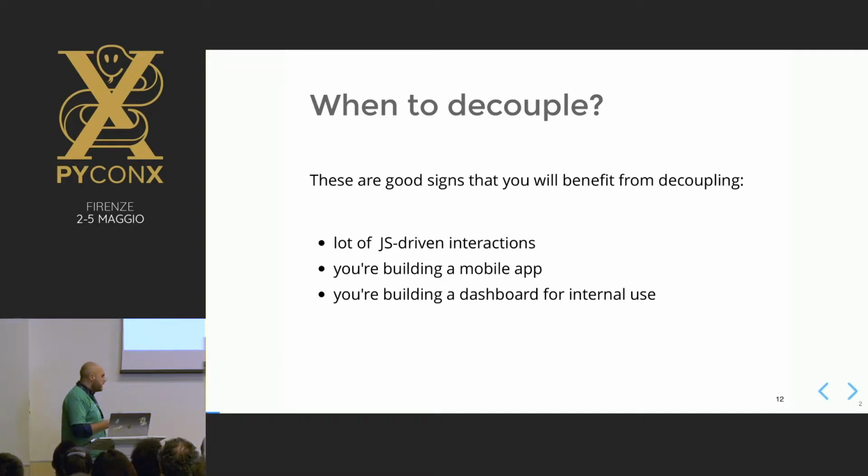Or maybe you're building just a dashboard for internal use, so you don't care about search engine optimization. You can also avoid compiling modern JavaScript code. For example, if you have a customer which uses just the last version of Chrome, you can avoid a build step, but this is just an idea.